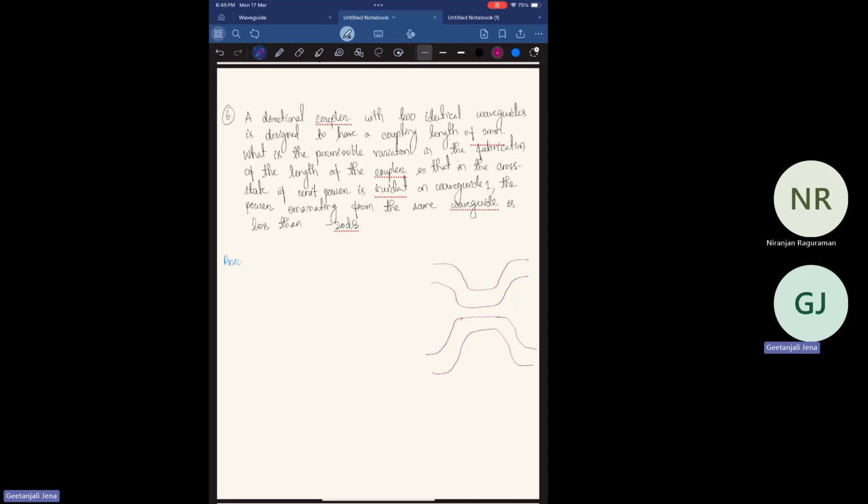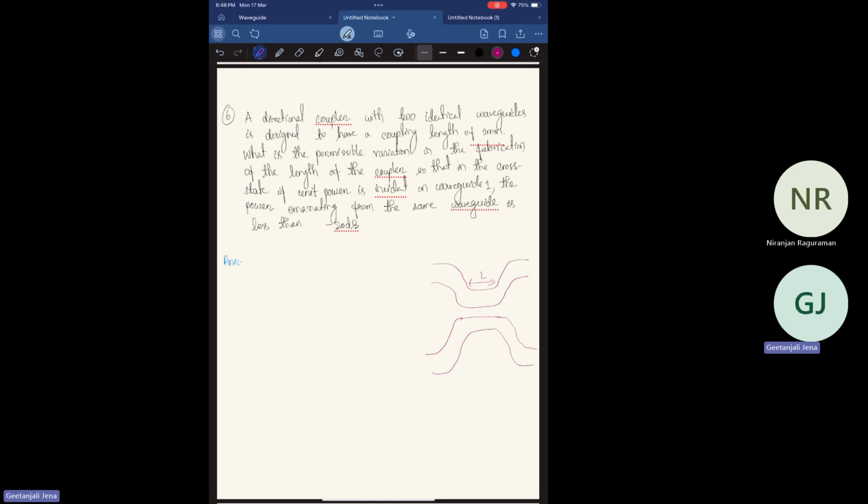So the question says a directional coupler with two identical waveguides is designed to have a coupling length of 2 mm. What is the permissible variation in the fabrication length of the coupler? So what is L here? Length, so that in the cross state, if unit power is incident on waveguide 1, then the power emerging from the same waveguide is less than minus 20 dB.